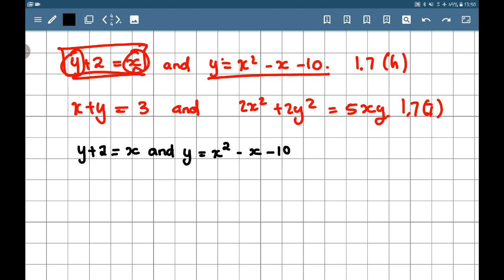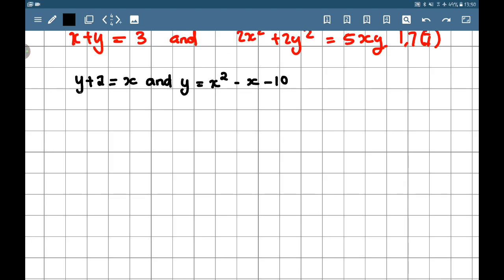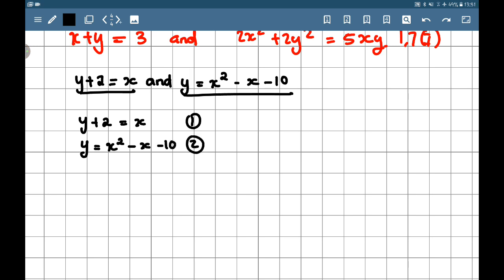When we work with simultaneous equations like this, first thing first, we need to name our equations. We're going to have equation 1 and equation 2. Equation 1 is y plus 2 is equal to x, and equation 2 is y is equal to x squared minus x minus 10.